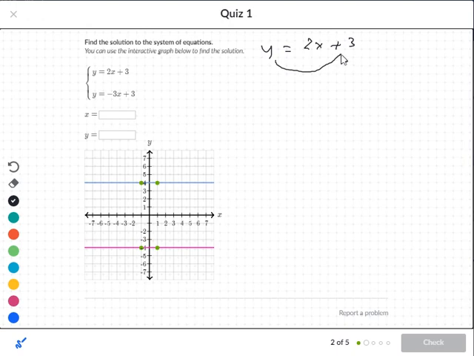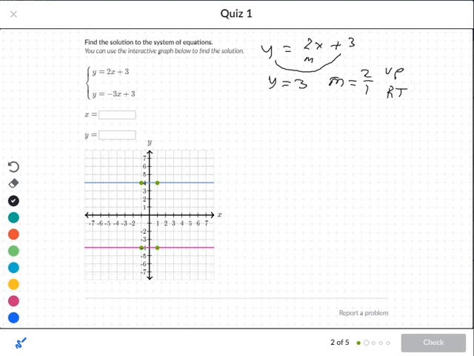So we can connect the y with the 3, so y is equal to 3. That's going to be your y-intercept, where you start from. The m is 2, so this is going to be your slope. So we're going to write 2 over 1. Since the top number is positive, we're going to move up 2 from that 3, and then go to the right 1.